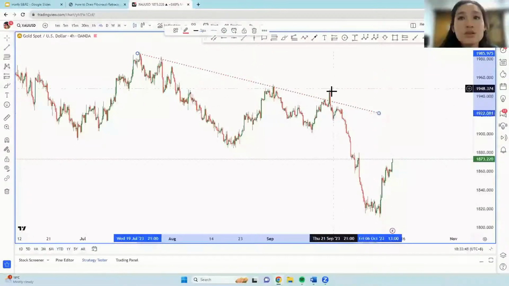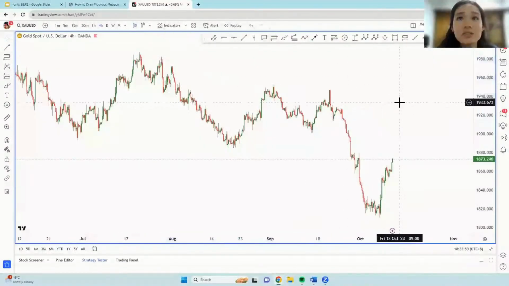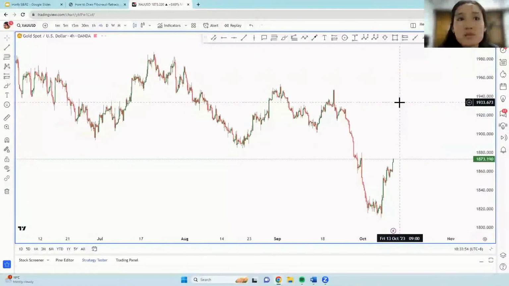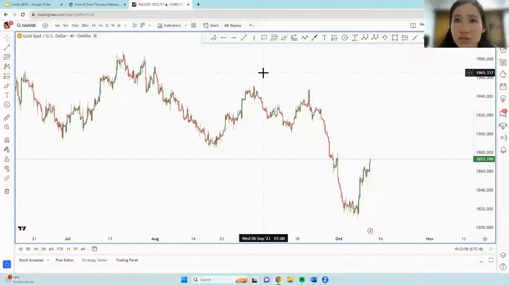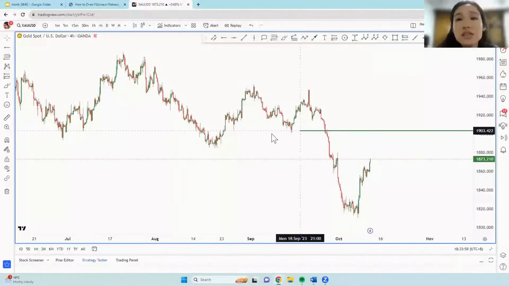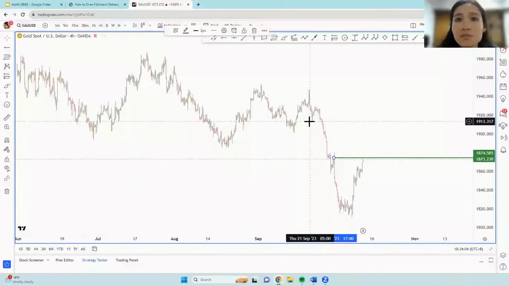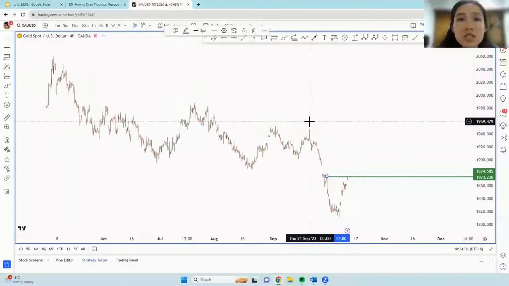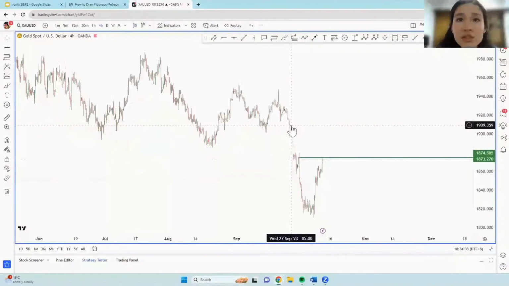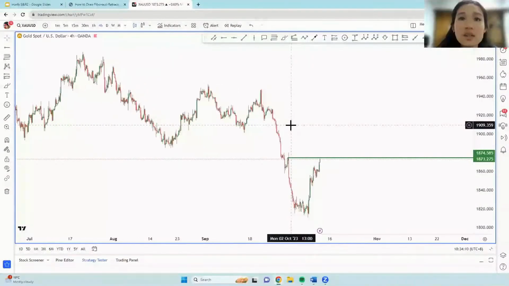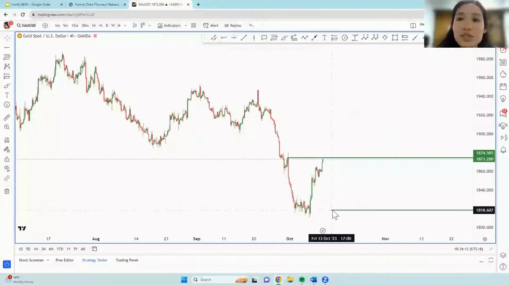Okay, also no, because we have this area here. Okay, we don't have any trend channels or trend lines, but we will just go ahead and add some support and resistance levels now.